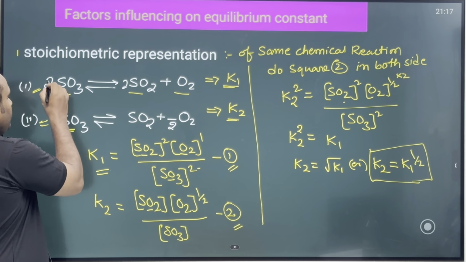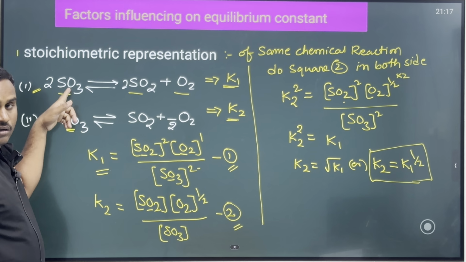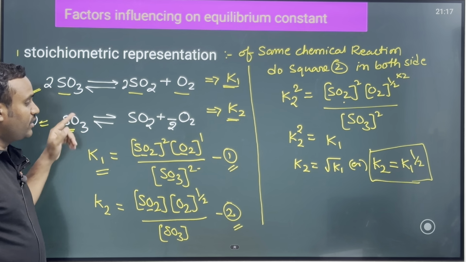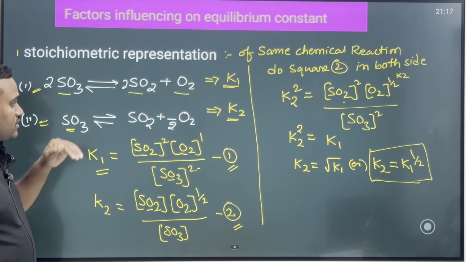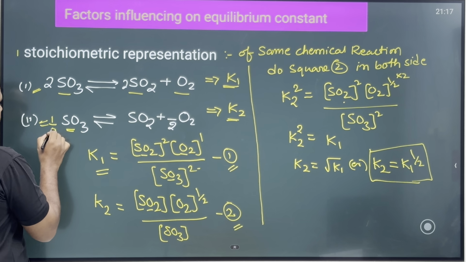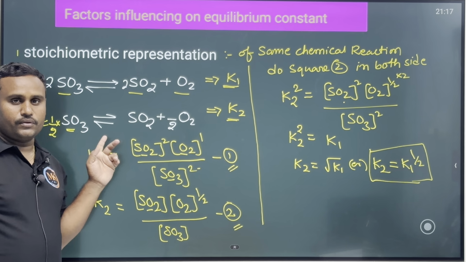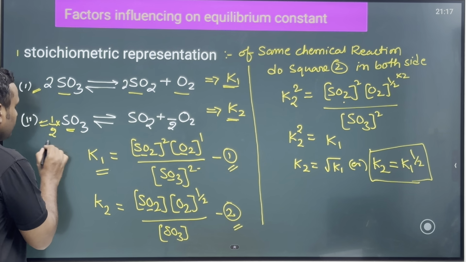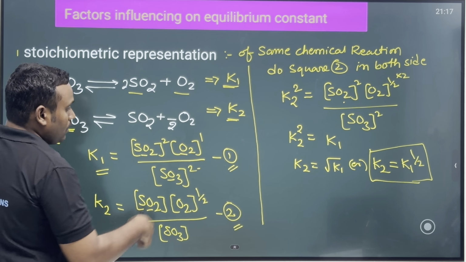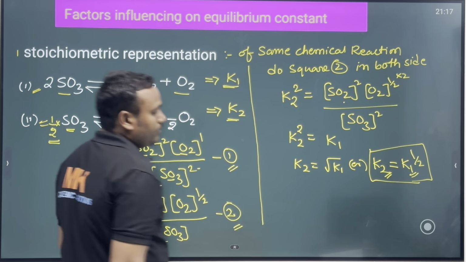We are simply dividing equation number 1 by 2, or multiplying with 1 by 2. So this multiplied number goes to the power of the old equilibrium constant.